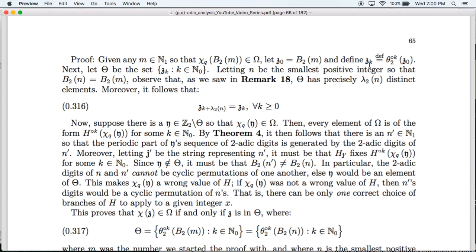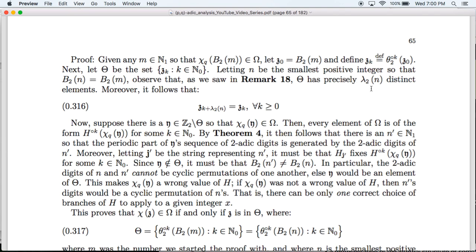In other words, I'll come up with terminology for this later. I call it the root. Because the shortest sequence, which when concatenated with itself infinitely many times generates the sequence of digits of z0, that shortest sequence is going to correspond to the digits of n.